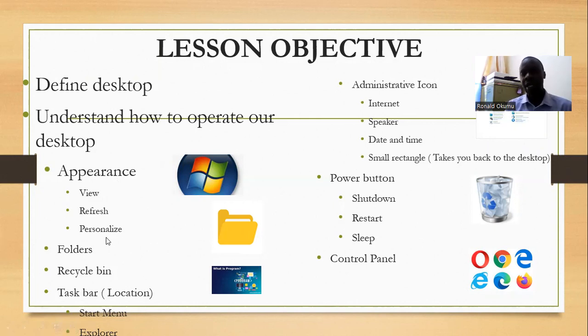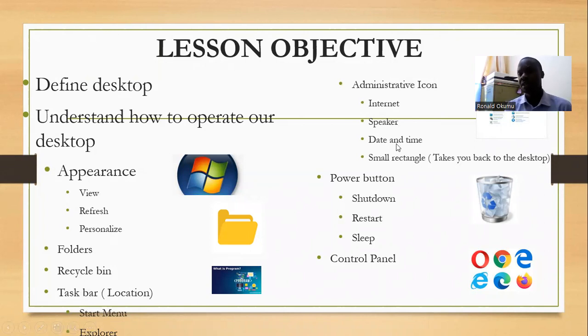We have also learned how to personalize things like the background, folders, how to create folders, the recycle bin, the taskbar location, things like the start menu, the Explorer, and administrative icons like the internet.